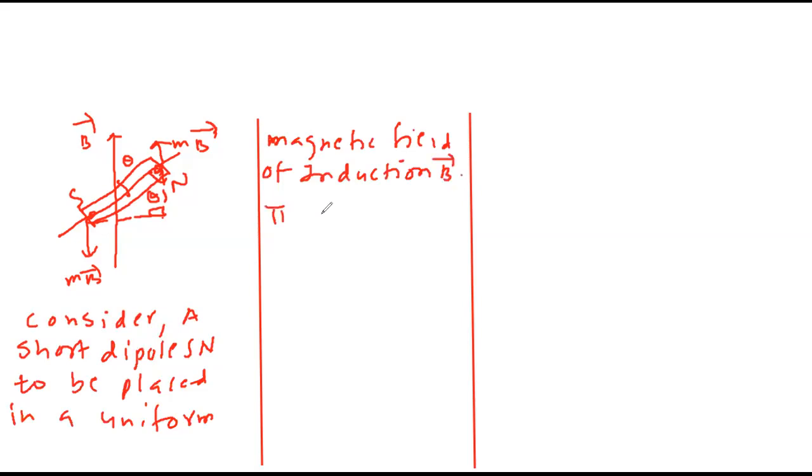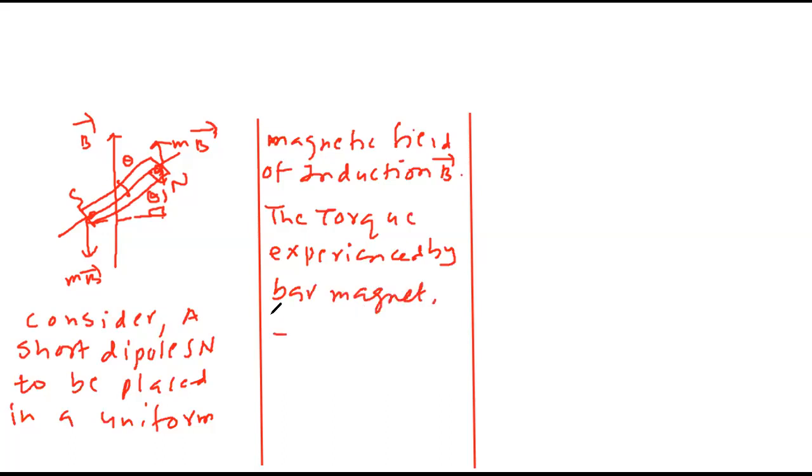The torque experienced by the bar magnet, tau bar equals m bar cross B bar. Therefore, tau equals minus mB sine theta.